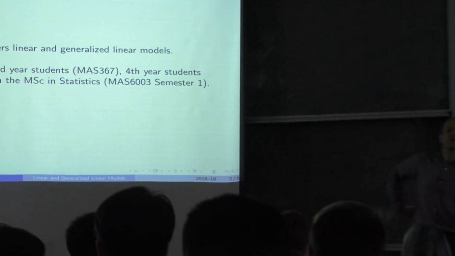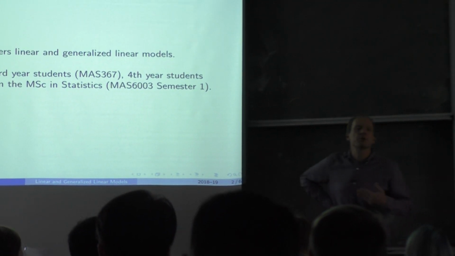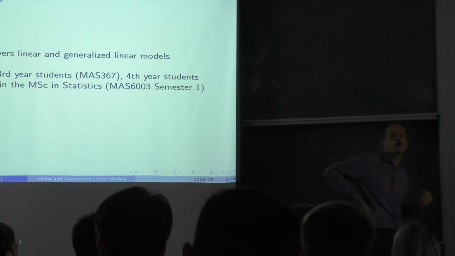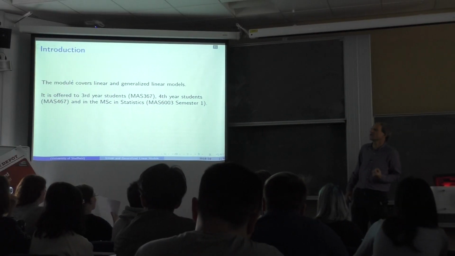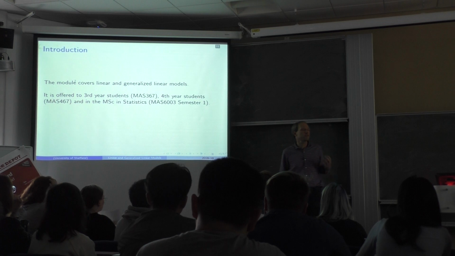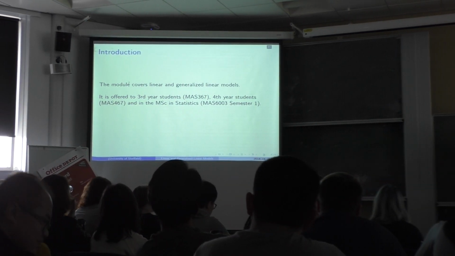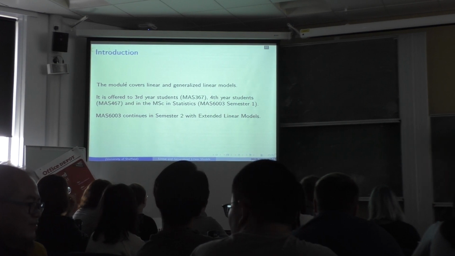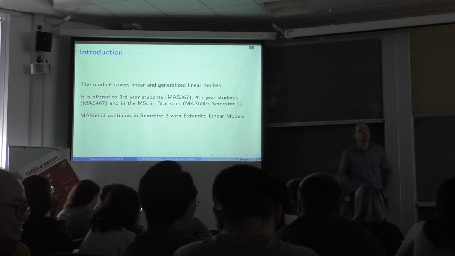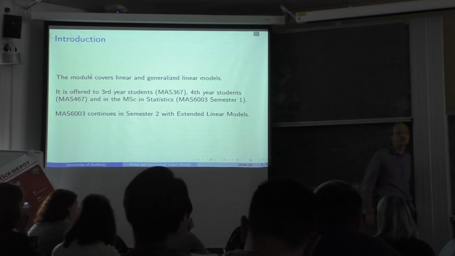Note that MAS6003 is a module which runs over both semesters, so this is only the first half of MAS6003. If you're taking the MAS6003, it continues into the second semester with further lectures. So that's all extended linear models, and that will be taught by Professor Wilkins.